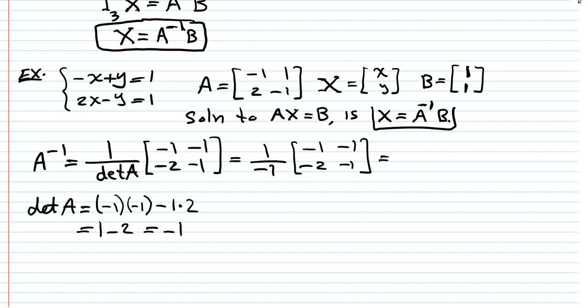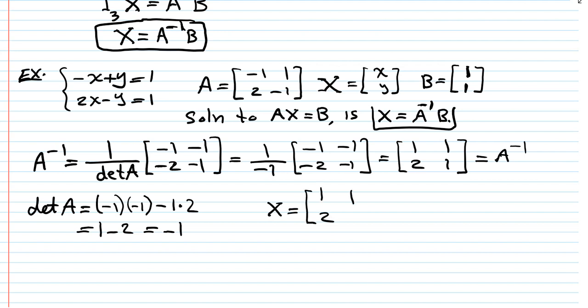And of course, negative 1 times everything, we would simply change the sign on this to 1, 1, 2, 1. And that would be the inverse of the matrix. True? That's A inverse.